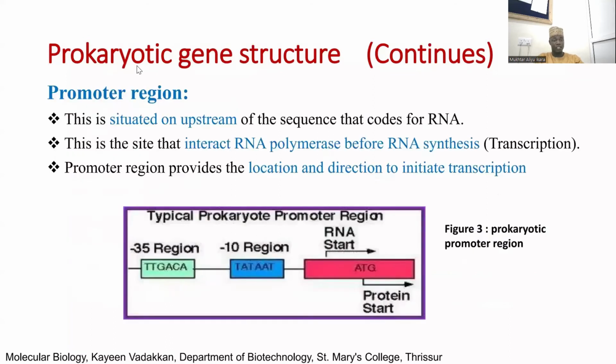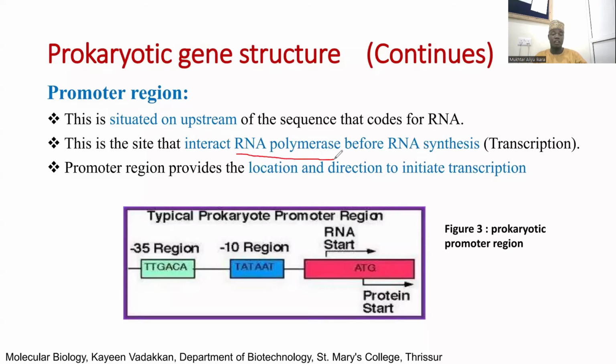So now we are going to look at the promoter sequence. The promoter structure is made up of the -35 region, the -10 region, and then the RNA start site, where the synthesis starts. This is situated upstream of the sequence that codes for RNA, and it is the site that interacts with RNA polymerase, the key enzyme involved in transcription.